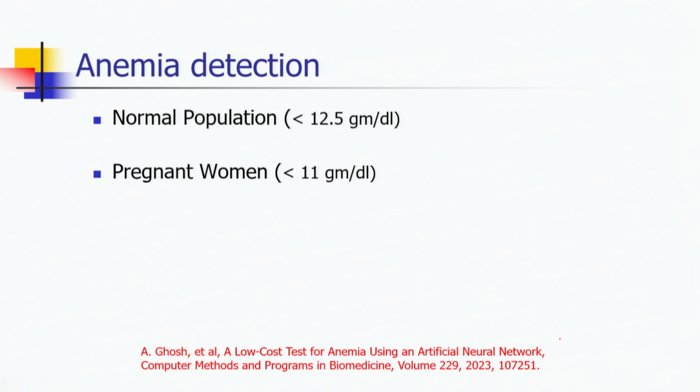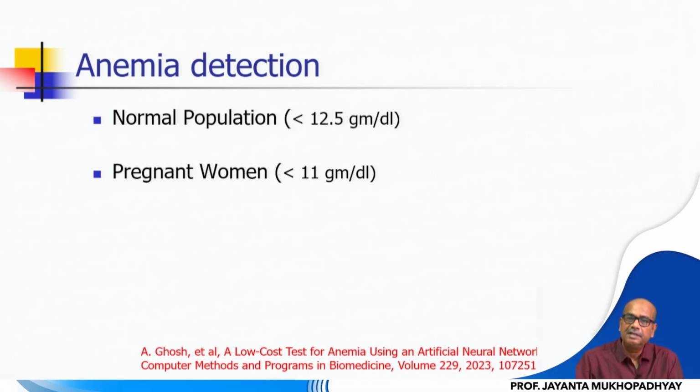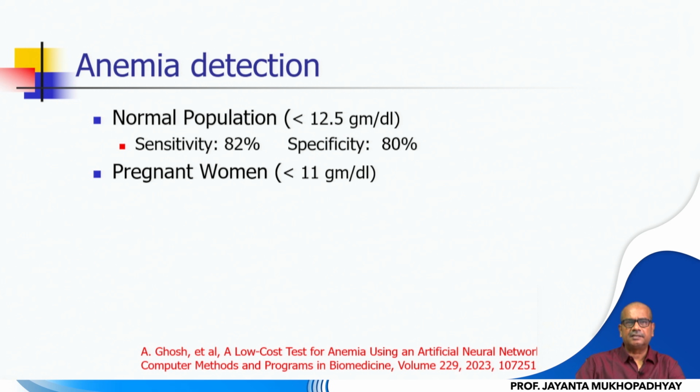Now, in the anemia detection, in this case, we considered the standard medical knowledge that the normal population, who are not anemic, who are healthy, should have a hemoglobin level of more than 12.5 gram per deciliter. And if I consider pregnant women, it should be greater than 11 gram per deciliter.